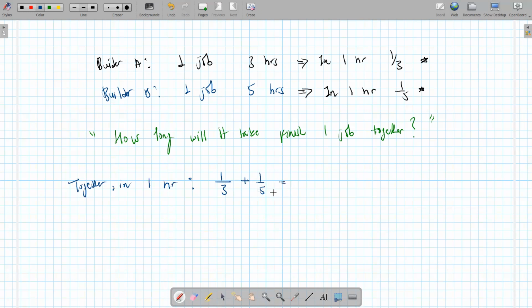So in 1 hour, you take the LCD, and they finish 8 out of 15. Therefore, to do one job, you simply flip this over. It will take them 15 over 8 hours, and that's the final answer. A little under 2 hours.